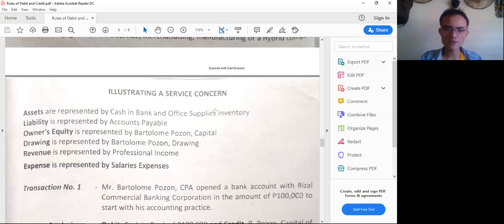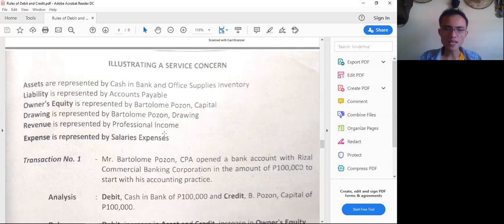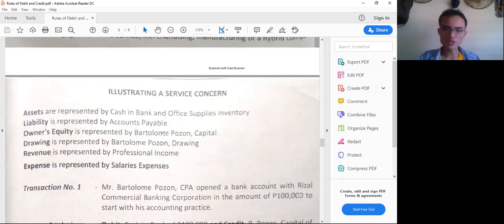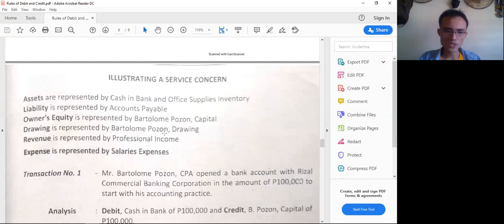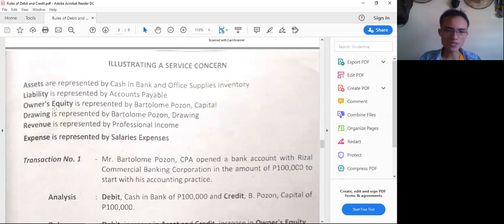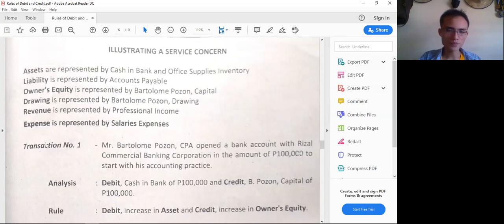Now, this is an illustration for a service concern wherein there are transactions shown, and we are going to apply the rules of debit and credit. Certain accounts are represented, from assets down to expenses. This also involves that we already know what the account titles are.